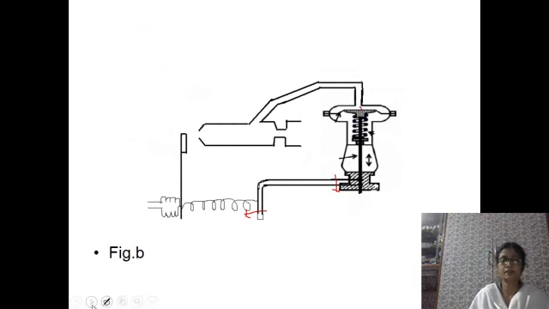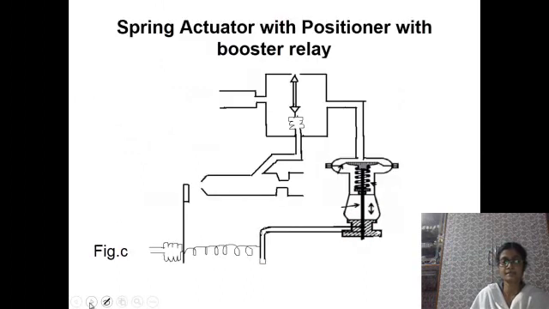This is called the positioner arrangement. This is just a feedback element. And booster relay is just a pneumatic relay along with this flapper nozzle system. So this is the arrangement for spring actuator with positioner. This is with positioner, and this is along with booster relay.